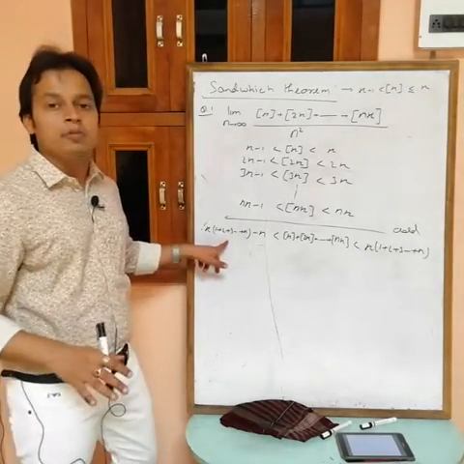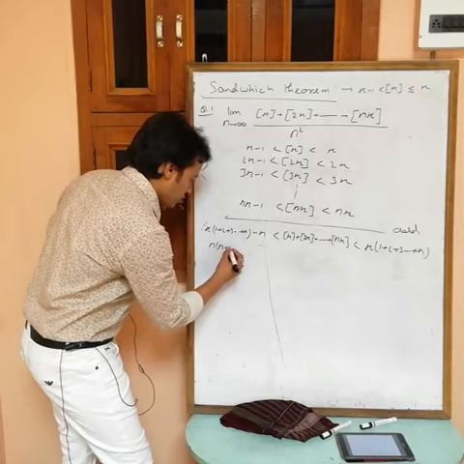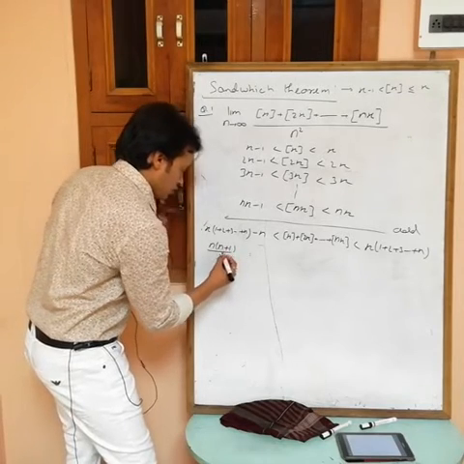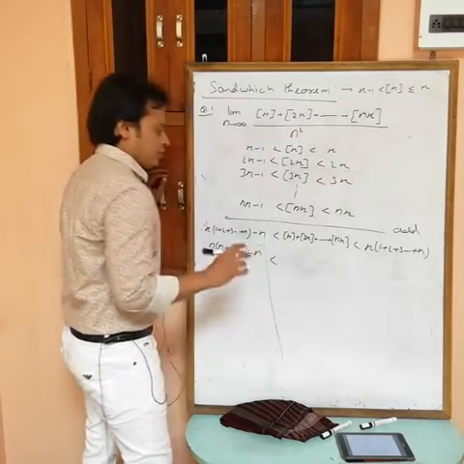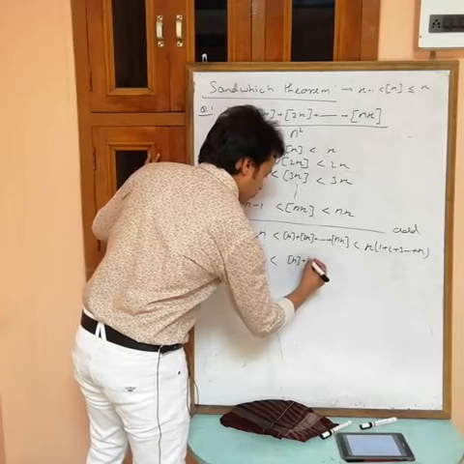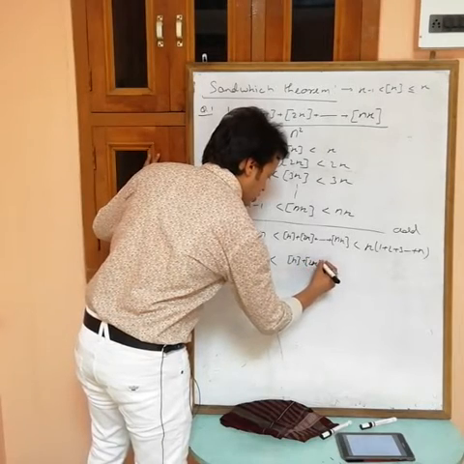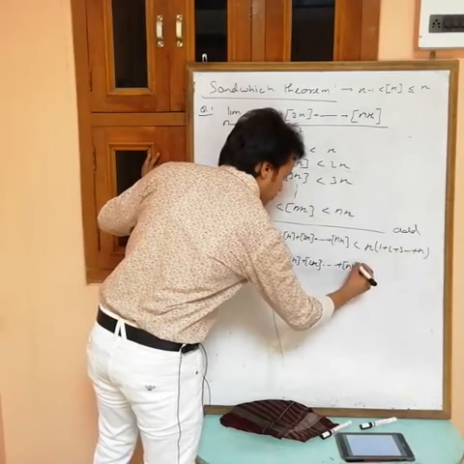This is n(n+1)/2, so n(n+1)/2 times x, and I am writing here minus n. The middle one is the same sum, the greatest integer of x plus the greatest integer of 2x plus up to the greatest integer of nx.